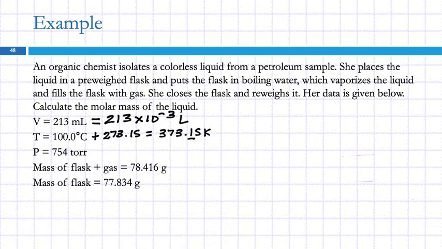And the torr, we're going to have to convert that. We want atmospheres, and we want to divide by 760 torr per atmosphere. 0.99211 atmospheres.